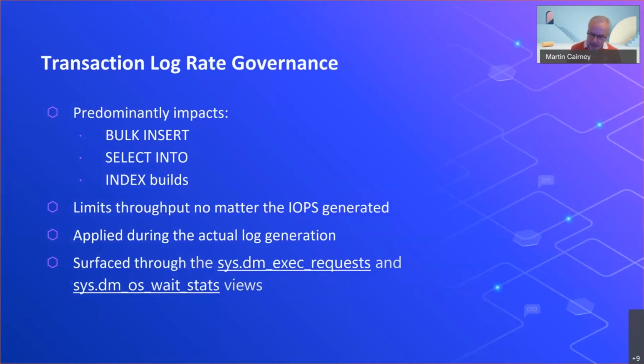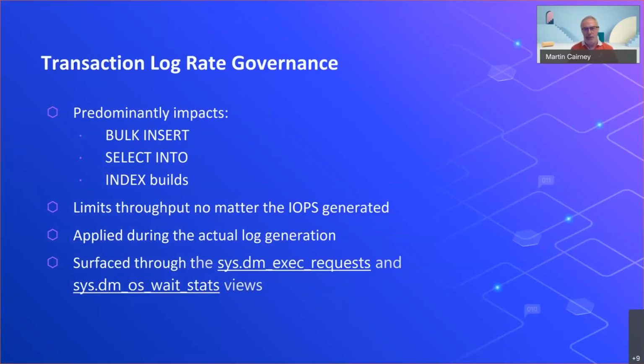The one I've seen with the biggest impact has been the transaction log rate governance, and it's a value that will be throttled while it's happening. So it's not something that goes, oh, you've overstepped your limit, I'm going to reduce you now.